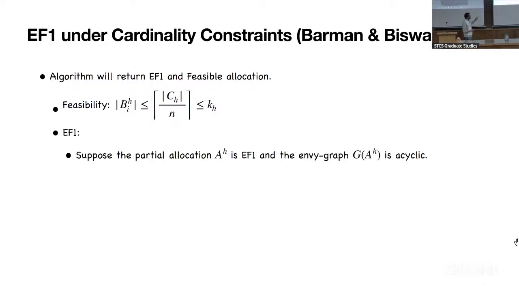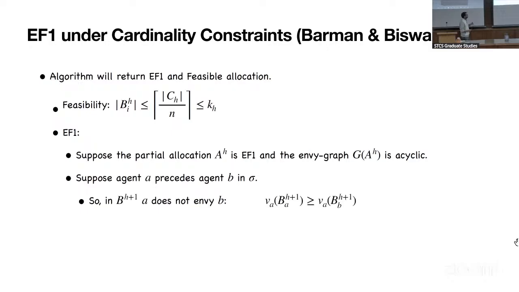Why is it envy free? Suppose we have a partial allocation that is EF1, and according to the algorithm we run the envy cycle elimination. In the topological order we have after the envy cycle removal, let's assume A precedes B in that order.